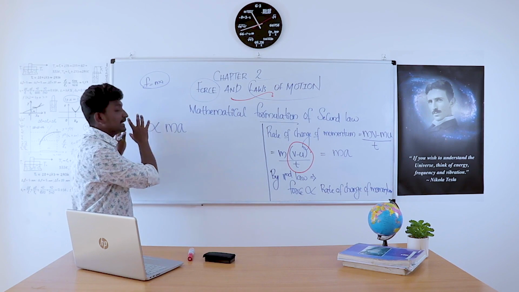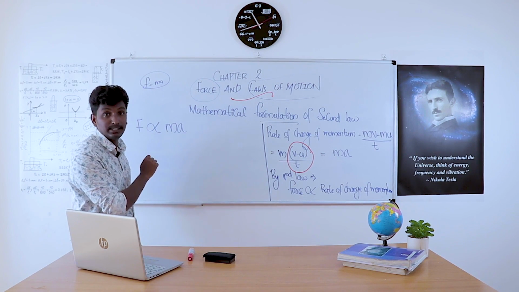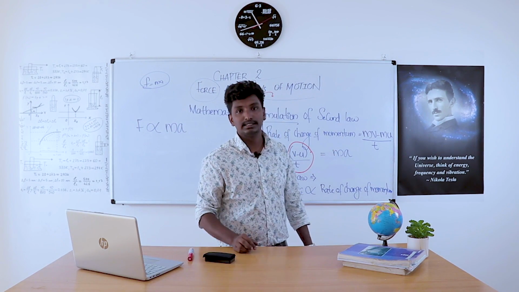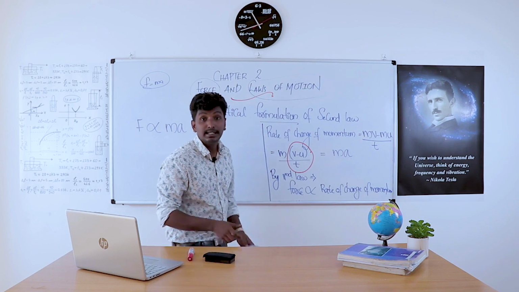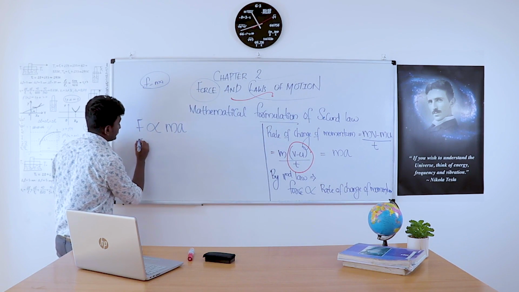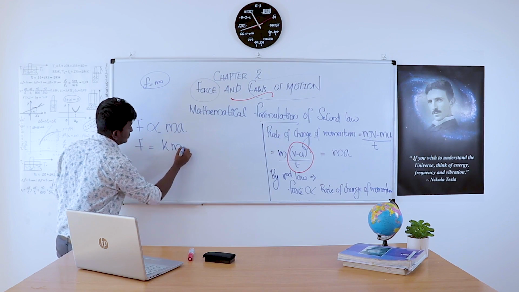Therefore, to make it an equation, we have to multiply by a constant. That means to change the proportionality sign to an equal sign, we have to multiply by a constant. Now I am multiplying a constant. F is equal to constant k into ma.